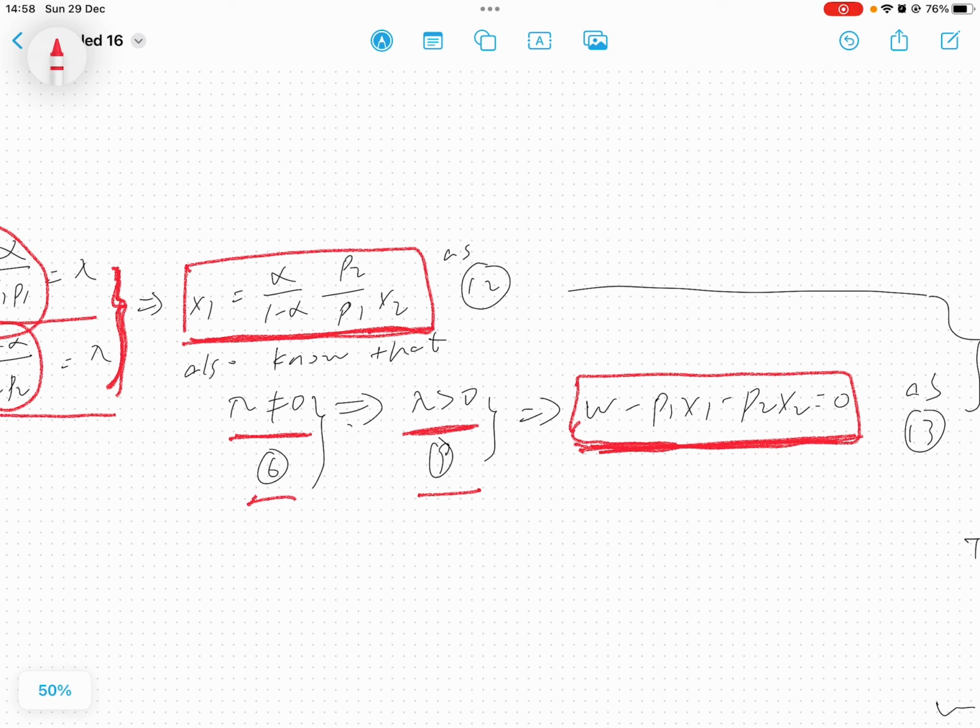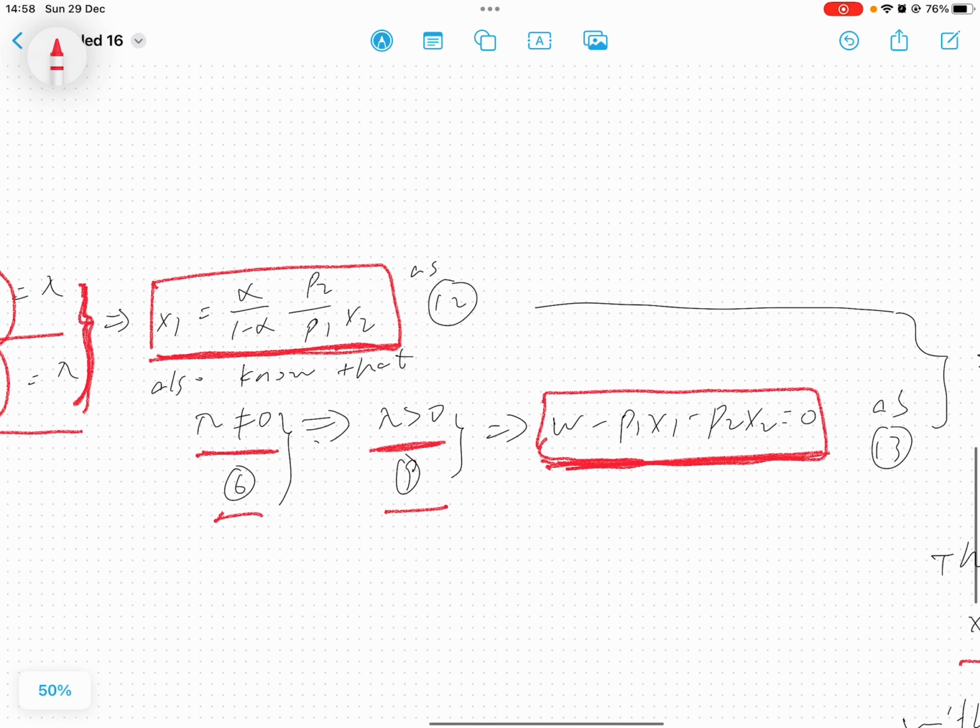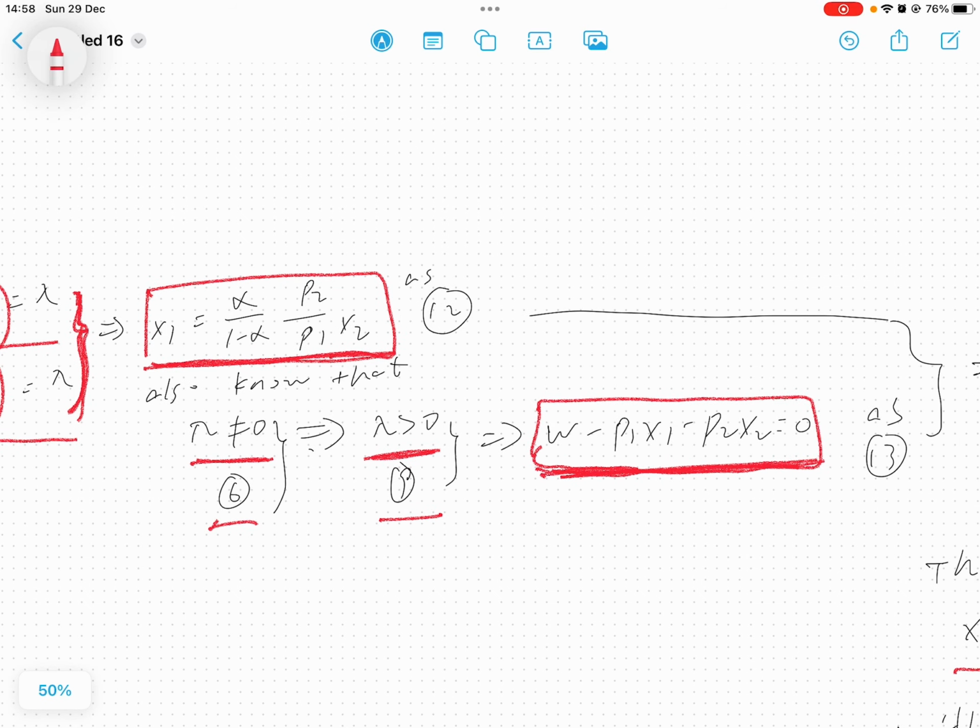So we simply have x1 and x2 strictly greater than 0 in this case. So it means that in this case we do not have corner solutions, and therefore if we just use the first order conditions and the budget constraint to solve this problem, we will get the same answer as we just did with the Kuhn-Tucker conditions.